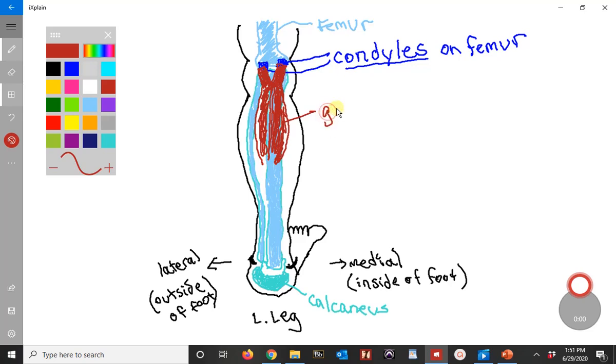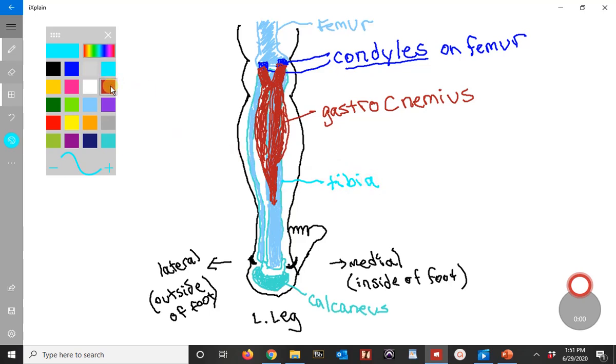So this is the gastrocnemius. Now the gastrocnemius comes down and it goes behind the tibia. You see how this is the tibia right here, right?